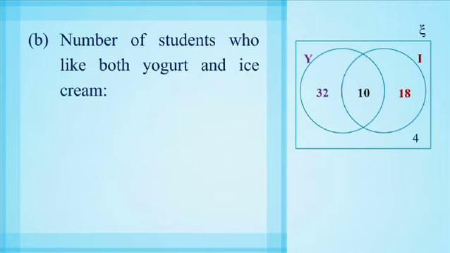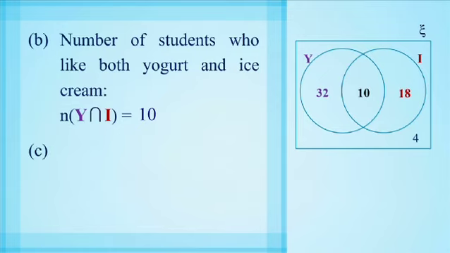The number of elements in the set Y intersection I, please note that the symbol ∩ between the letters Y and I represents intersection, is 10.